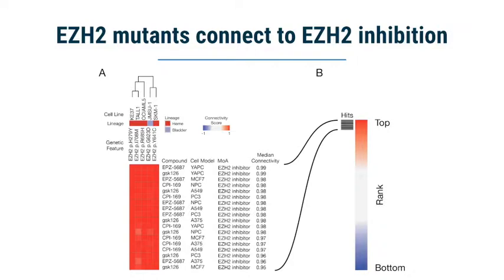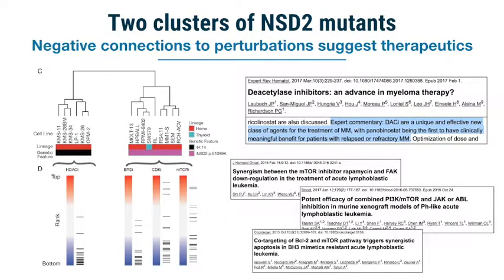There's a more nuanced example that's very similar, looking now at NSD2 mutants. NSD2 is a nuclear receptor binding domain protein. I don't know much about NSD2, but there are 2 types of NSD2 mutants in our data set. One is caused by a translocation that messes with that gene, and the other one is a point mutant.